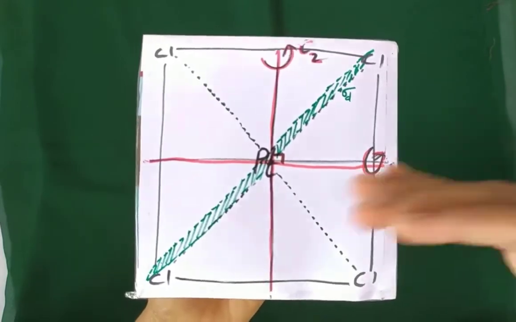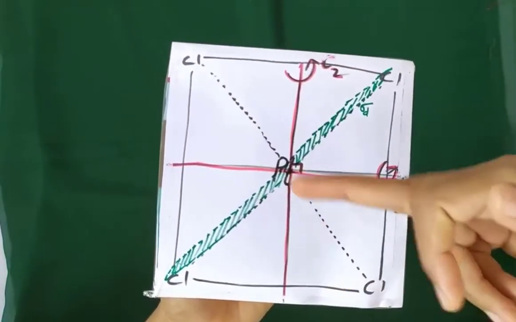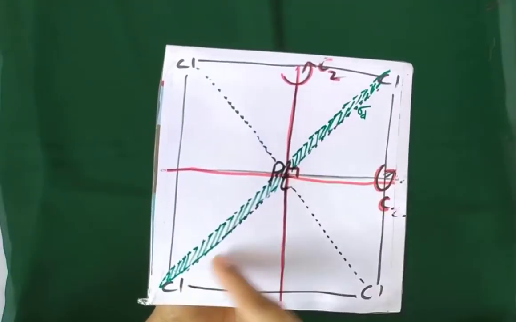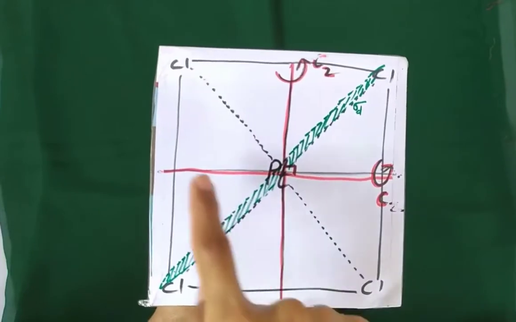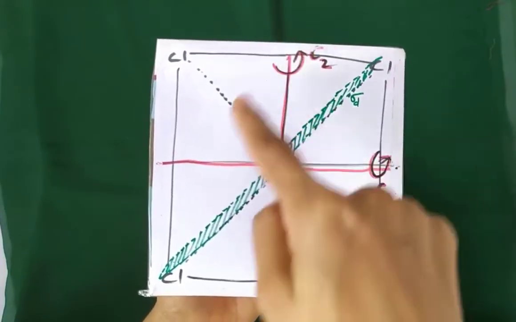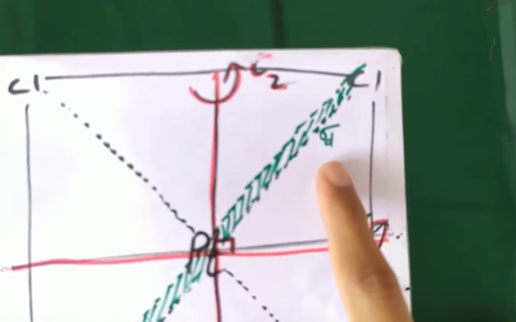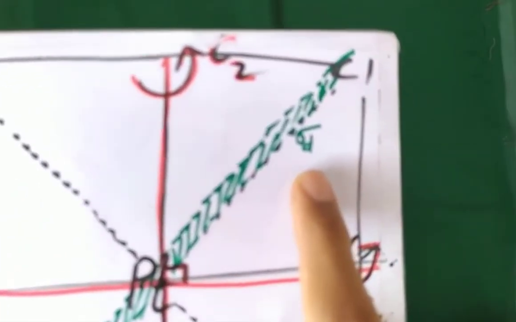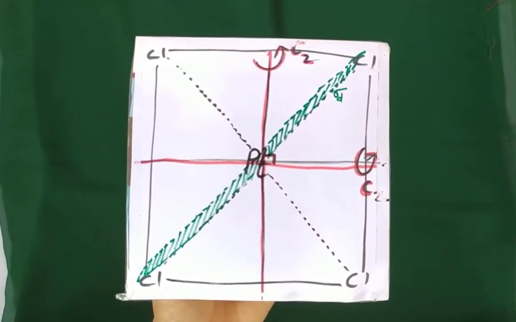As this plane is having mirror image on both the sides, we can say this is a plane that we can pass. But as this plane is cutting these two perpendicular C2 axes, hence this plane is called as sigma D. What it is called as? Sigma D, that is dihedral mirror plane.